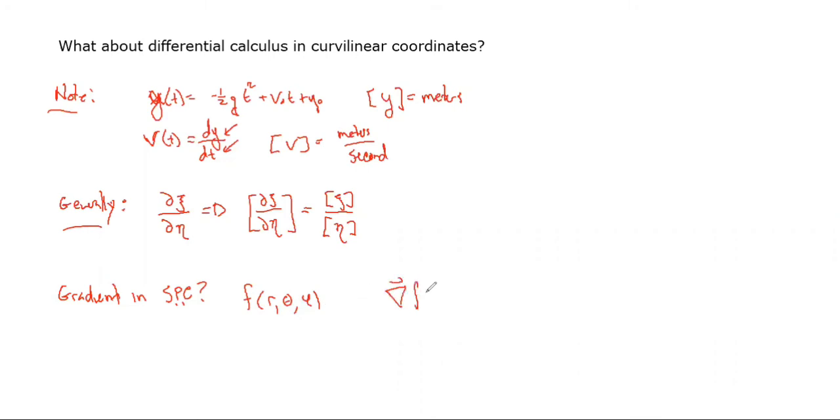Is grad f equal to partial f partial r r-hat, plus partial f partial theta theta-hat, plus partial f partial phi phi-hat? Of course, you know the answer is no, but why not? What's wrong with this? You're missing the scale factors for those coordinates.